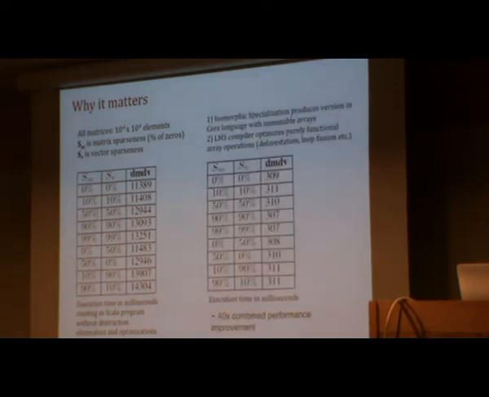But if we first apply isomorphic specialization, which transforms and specializes with respect to the data representation of dense matrices into the core language, and then use the optimized compiler, we have this performance improvement, and everything happens automatically.